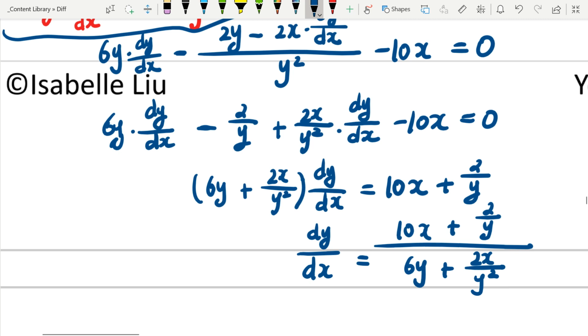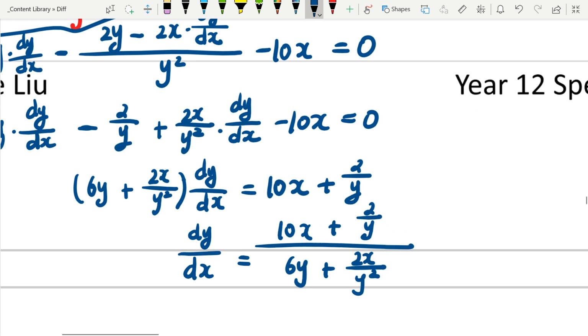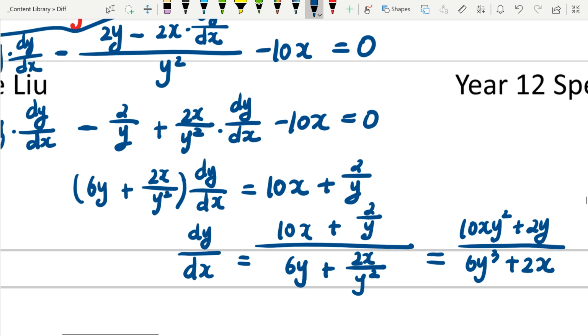You need to times y squared on both top and bottom. It's not that hard, just times every term by y squared. And also you can divide by 2 on everything. That's a 5, that's gone, that's a 3.